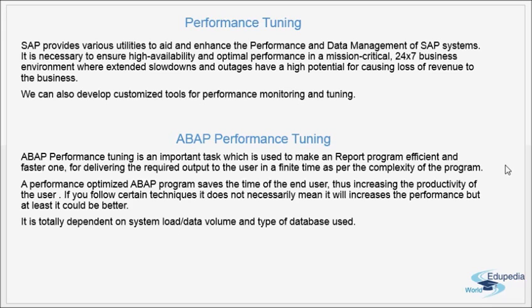That might not drastically increase the performance of your system, but at least it will perform better. Say, if it's running 10 minutes, it will come down to 6 minutes. It might not run in 1 or 2 minutes, but at least it will reduce the previous run times or response times. It is totally dependent on system load, data volume, and the type of database used.